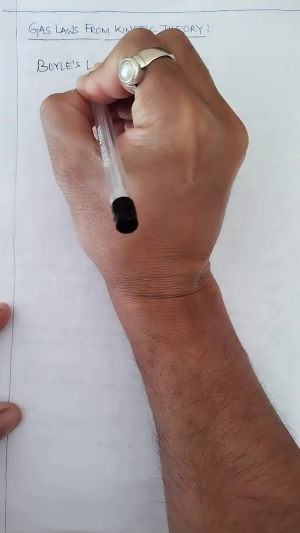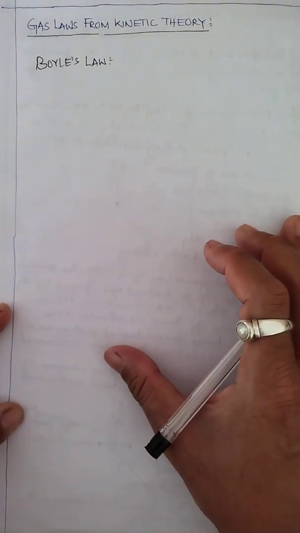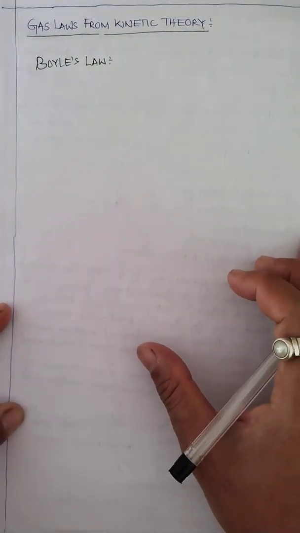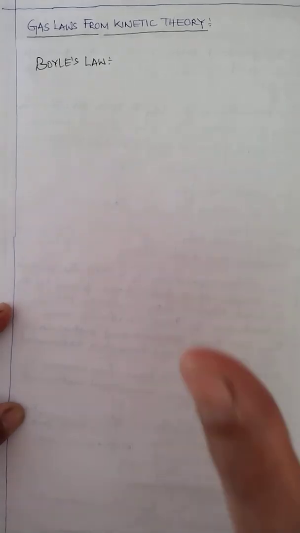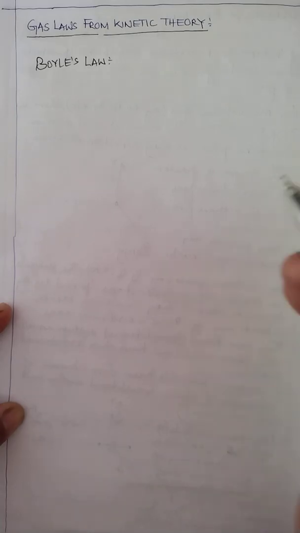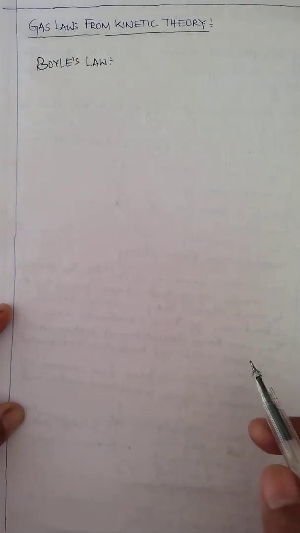Now Boyle's law, as you have learned, gives the relation between pressure and volume at a constant temperature. Boyle's law basically states that the product of pressure and the volume of a given mass of gas is always constant.